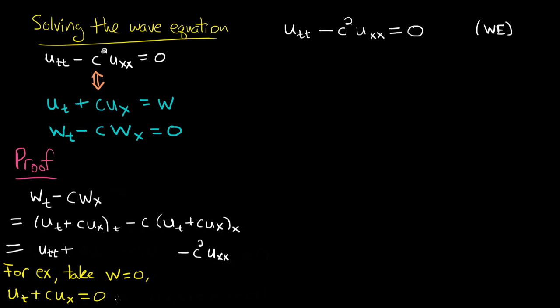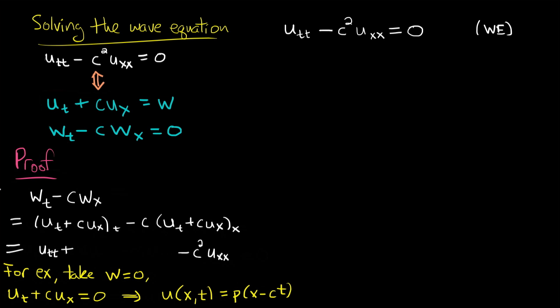And I can do that. We know that the solution to UT plus CUX equals 0 is U of x, t equals P of x minus ct, where P is any sufficiently nice function. That will provide a solution in turn to the wave equation.